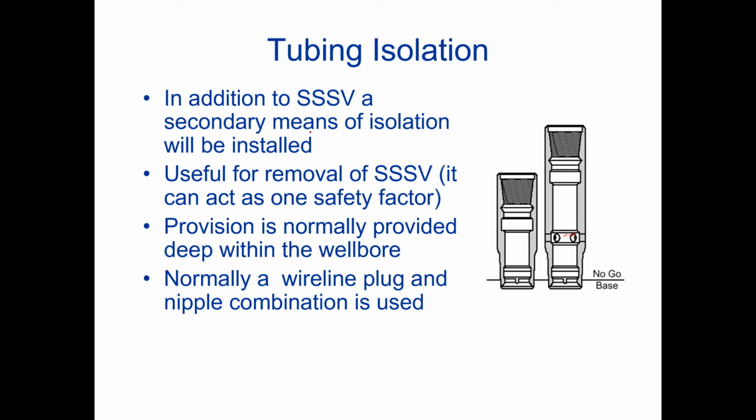Also, it is used for pressure testing. When we are running the tubing, it comes in lengths of 10 meters and is connected to each other. To make sure there is no leakage, we used to run a plug in the tubing isolation, then put pressure and see if there is any leakage.